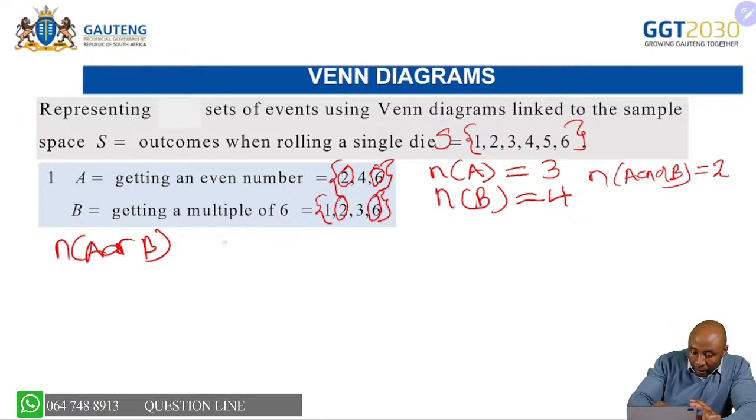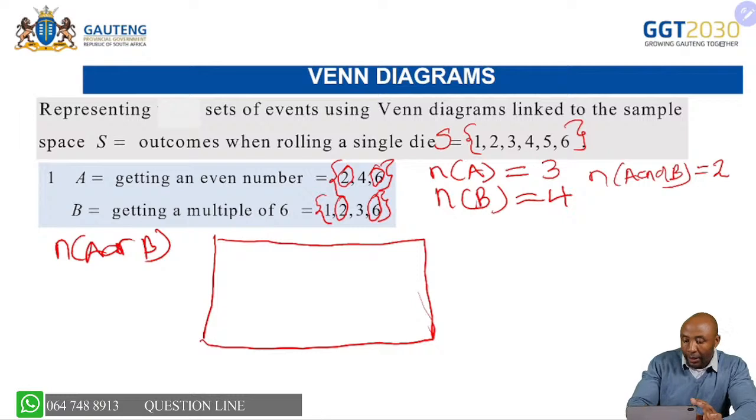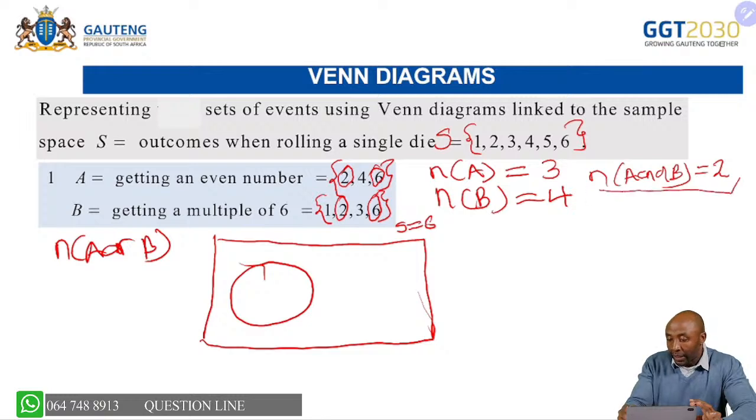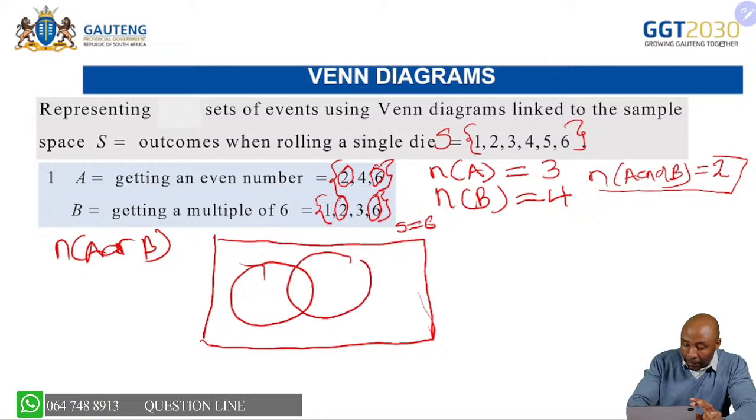I can draw my Venn diagram. And I will say my sample space is equal to 6 because I'm having 6 items in the sample space. My events A and B, I've seen that there's an intersection because of that 'and' there. There are 2 items that appear in both sets. So I can have my set A, my set B with an intersection there.